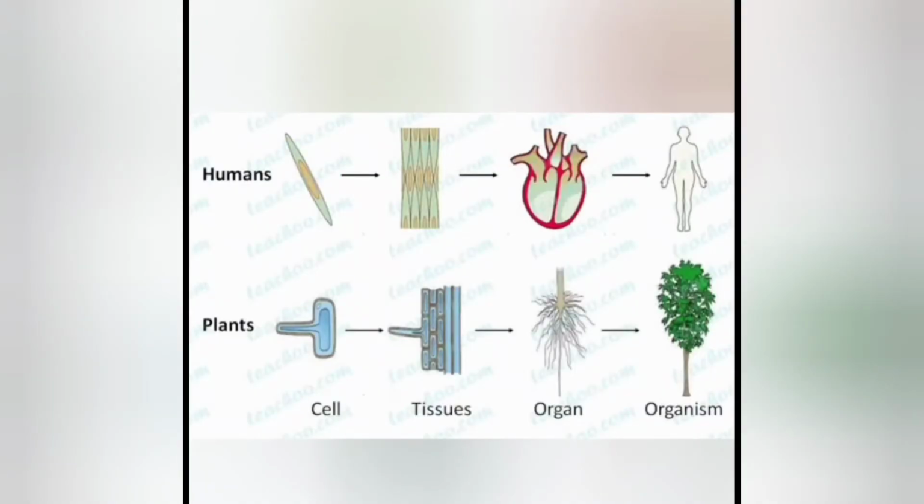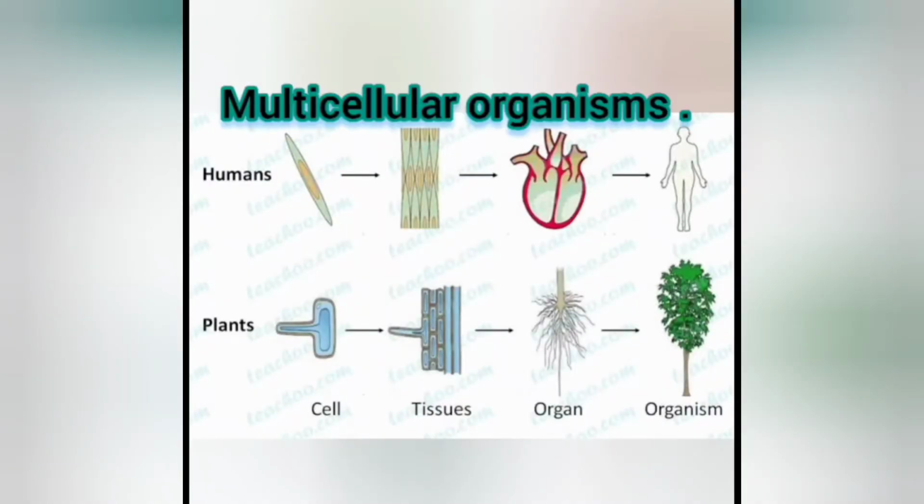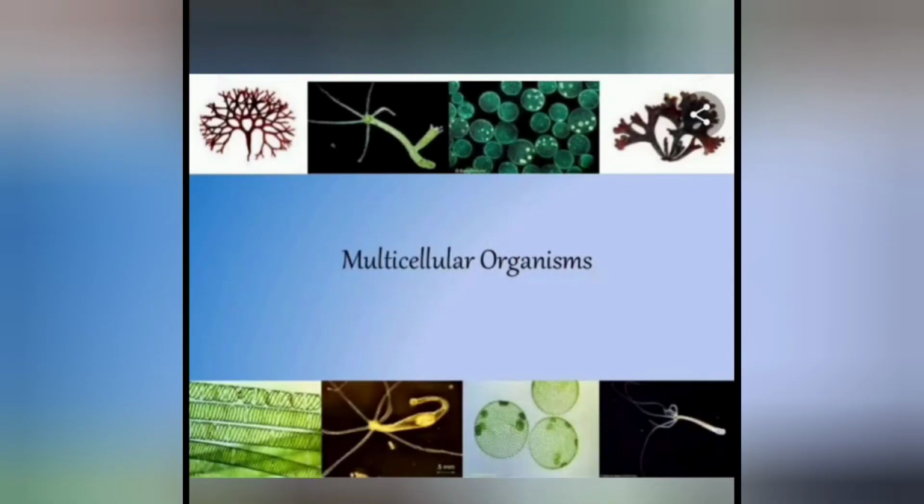Now let's learn about multicellular organisms and their cell functions. A multicellular organism consists of millions and trillions of cells. Each cell has a specific task to perform, and 6 of them are considered very important. First one, it provides structure and support to the organism.